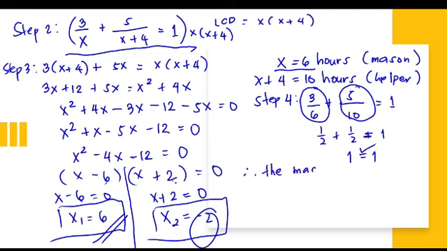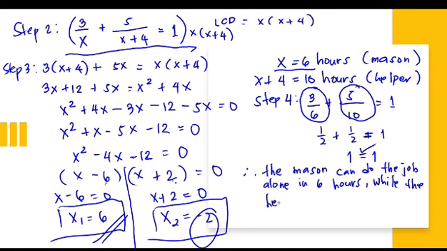The mason can do the job alone in 6 hours, while the helper can do the same job in 10 hours.